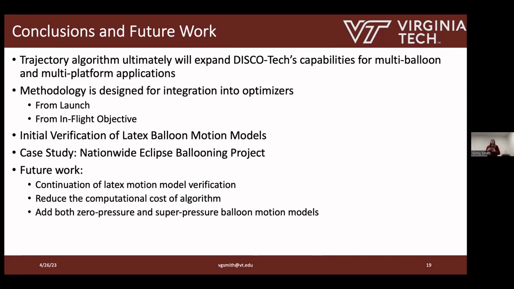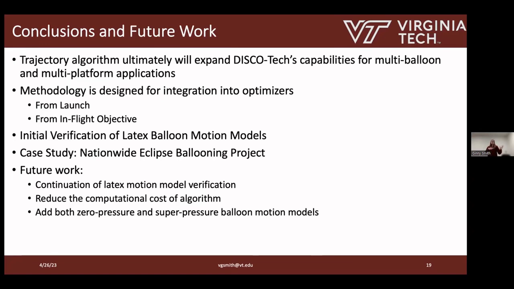There's also going to be an effort looking into the computational cost of this algorithm. I am by no means a CS person or very good at coding. So right now, the algorithm takes seconds to run the way some of the calculations are completed. Being able to reduce that cost so you can do hundreds of these runs in a much more efficient way. And then also adding both zero and super pressure balloon motion models into this.